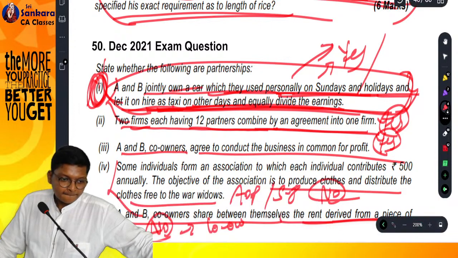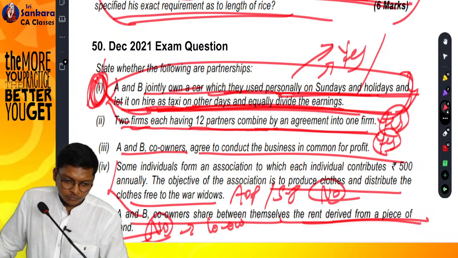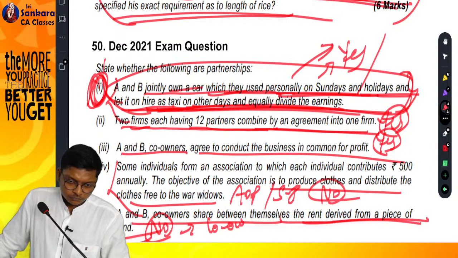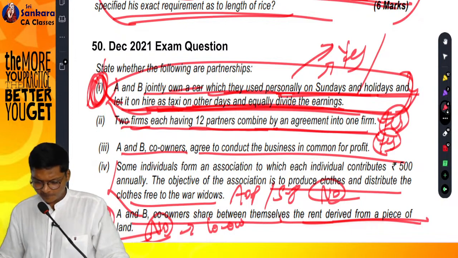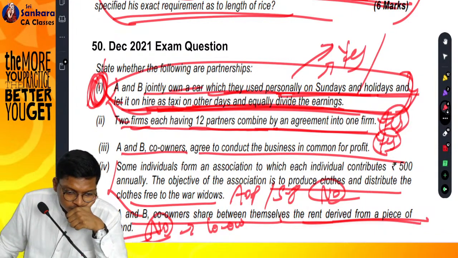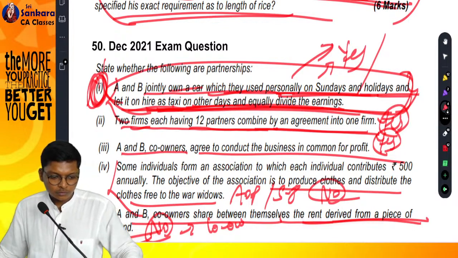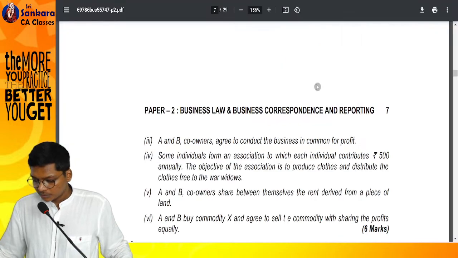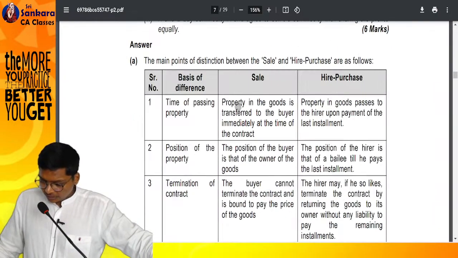December 21, question 4B, 6 mark question. 4B, come down.